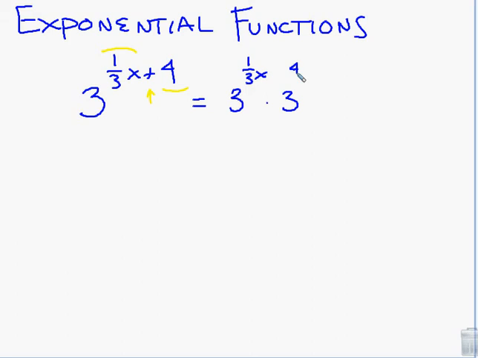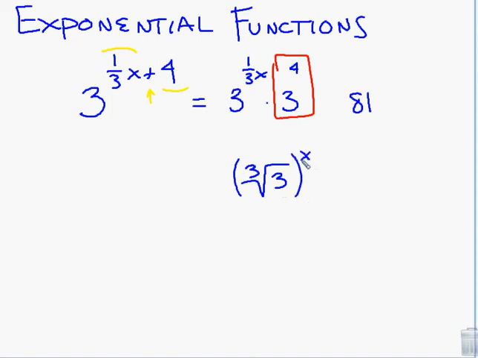Now, I'm obviously going to have an A naught value. It's going to come out of that 3 to the 4th piece right here. That's going to be my A naught value. And that's going to simplify to 81, because I know that from before. And then my 3 to the 1/3 x is going to be the cube root of 3, right? Because there's my index to the x. So this piece over here becomes the cube root of 3 to the x.